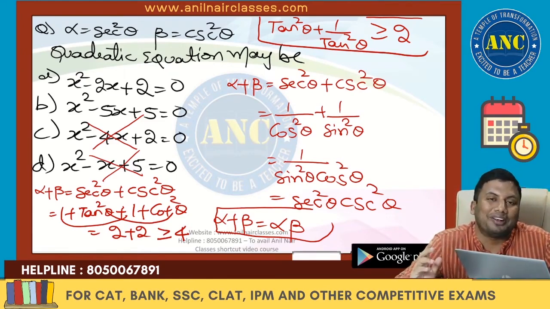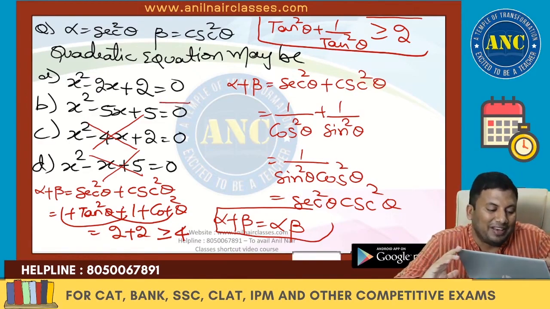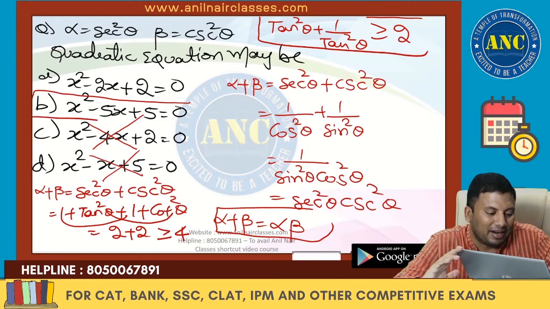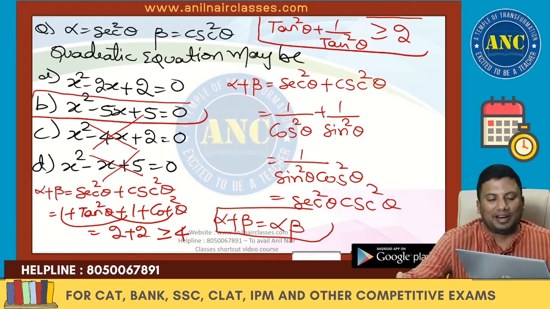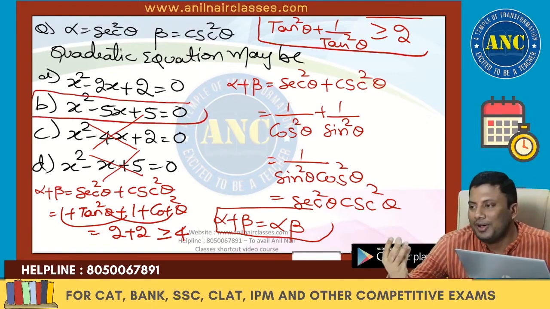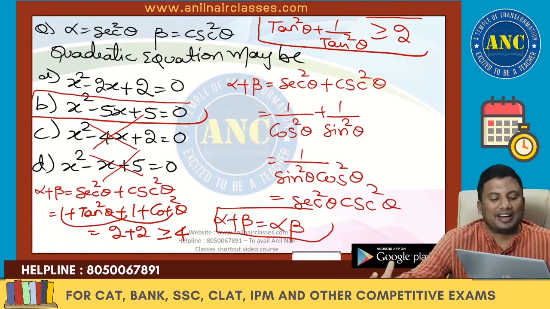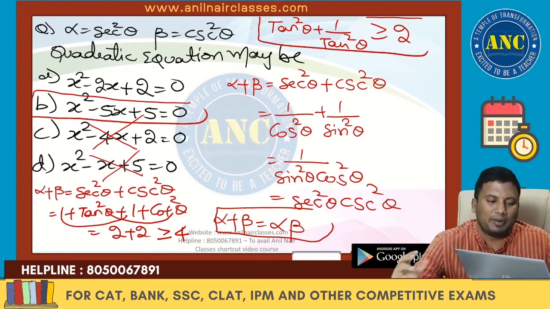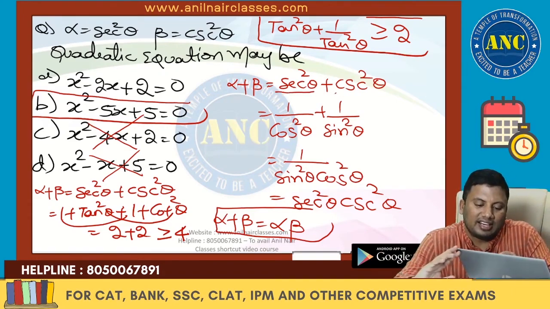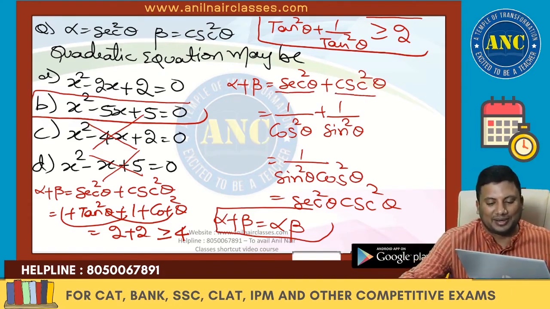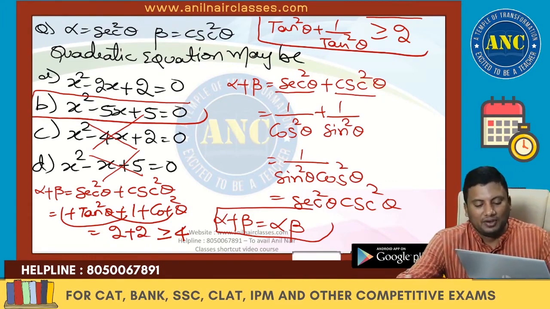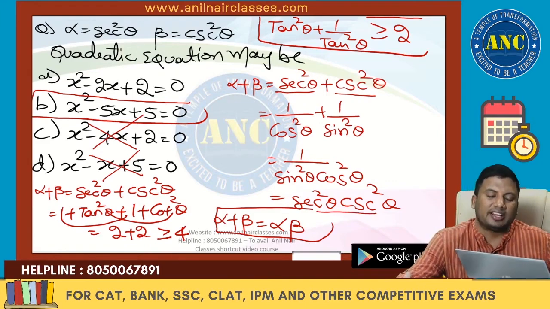See how beautifully a quadratic equation foundation question can be given in a CAT paper. He is just asking you to tell which one is the quadratic equation by giving the roots as secant square theta and cosecant square theta. 1 by cos square theta, 1 by sin square theta, which is secant square theta, cosecant square theta.